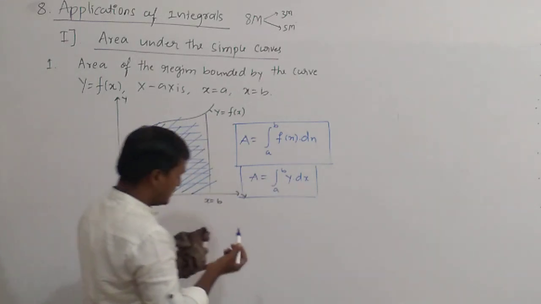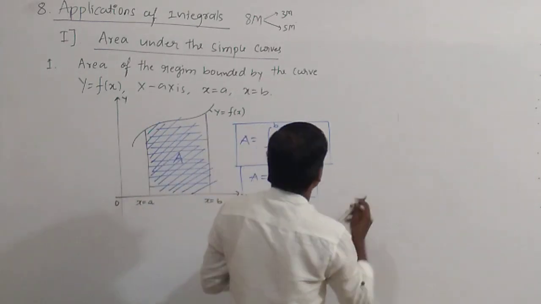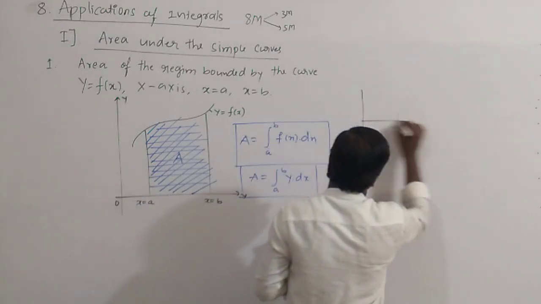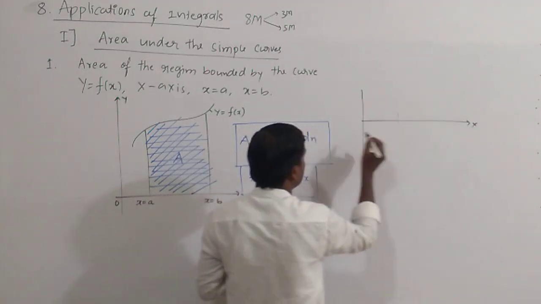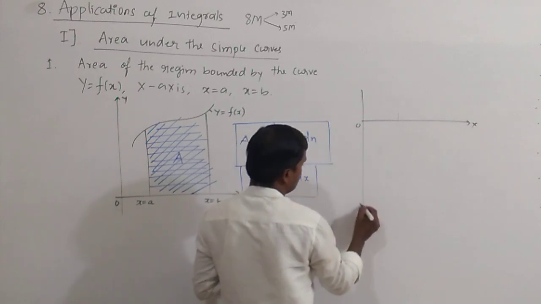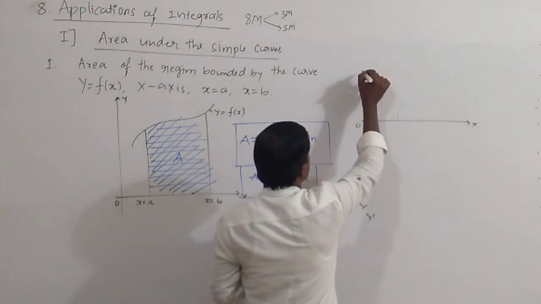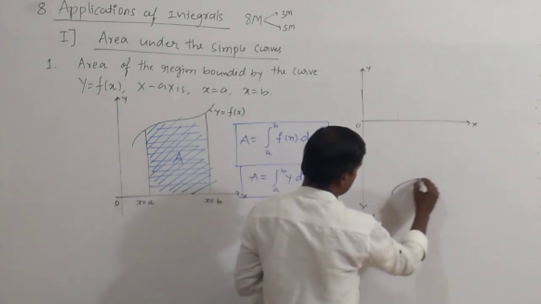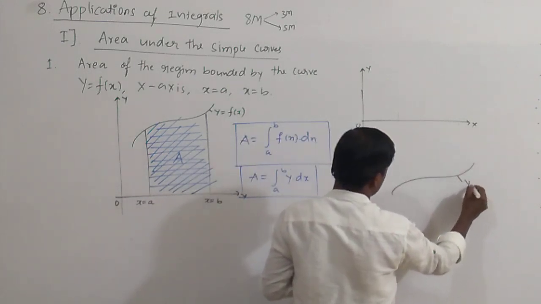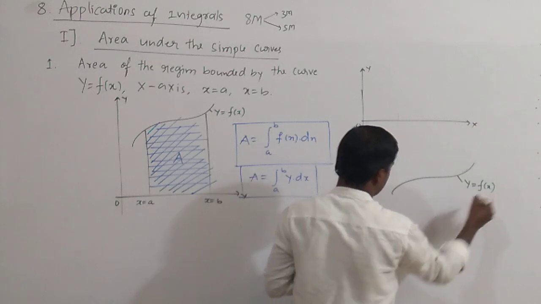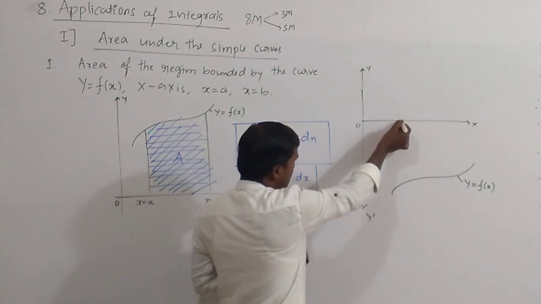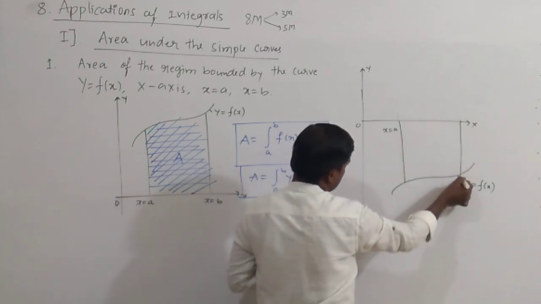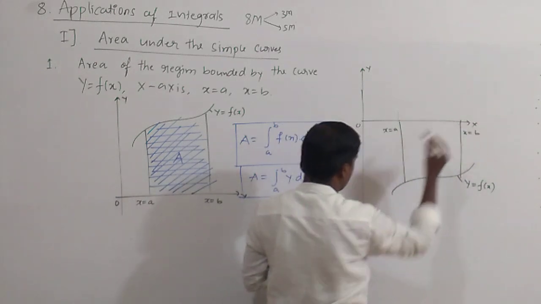Sometimes the area lies below the same x axis. Here it is the x axis, here I will take the origin, here it is y dash and here it is y. The same curve is like this. This curve is y equal to f of x, with the line x equal to a and the line x equal to b.